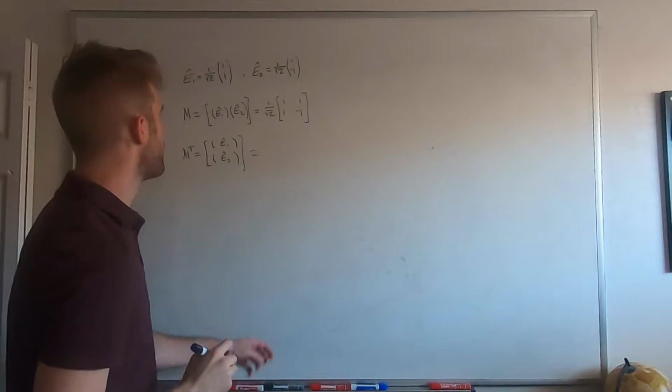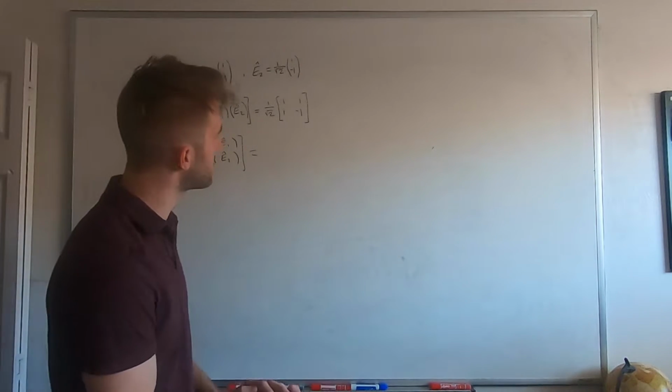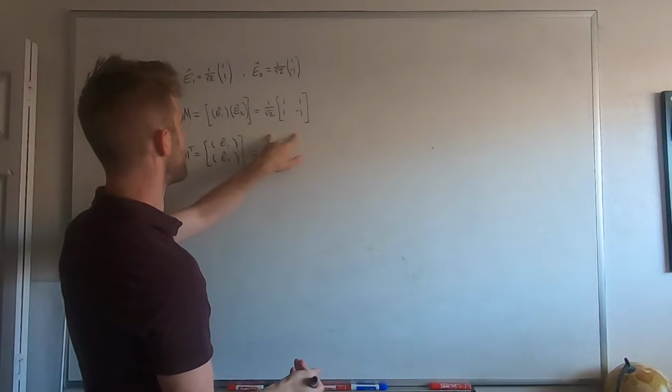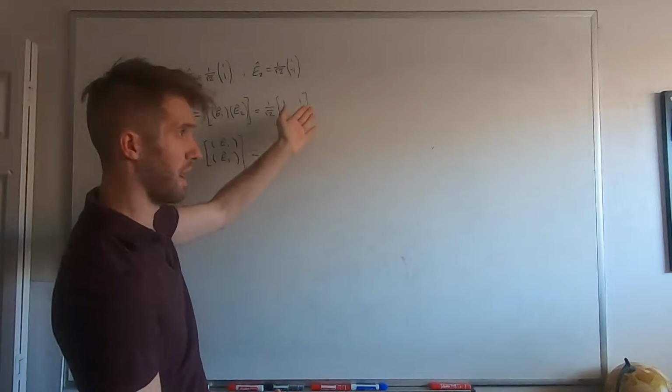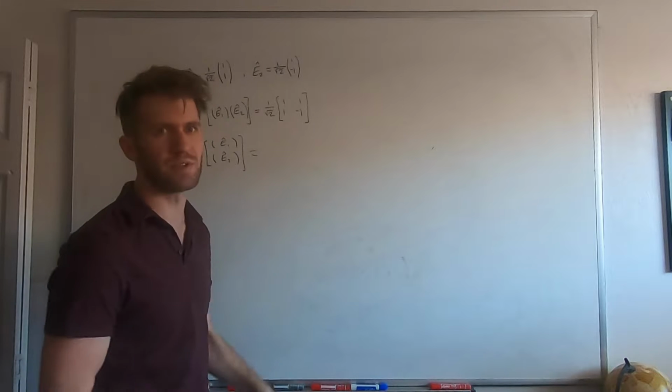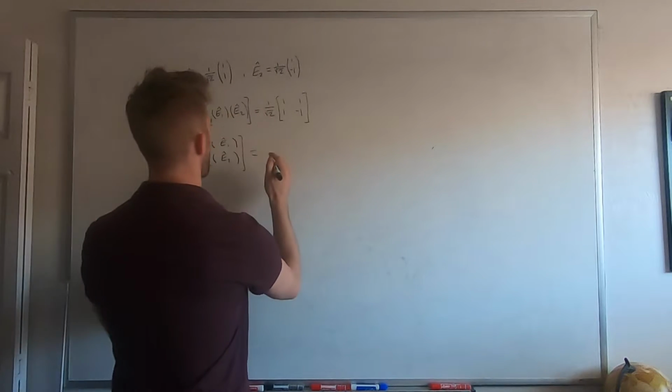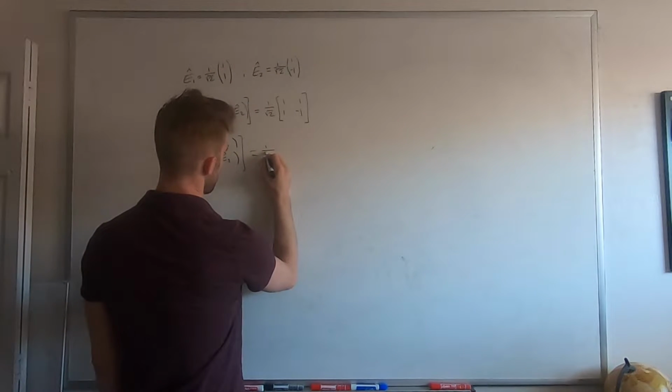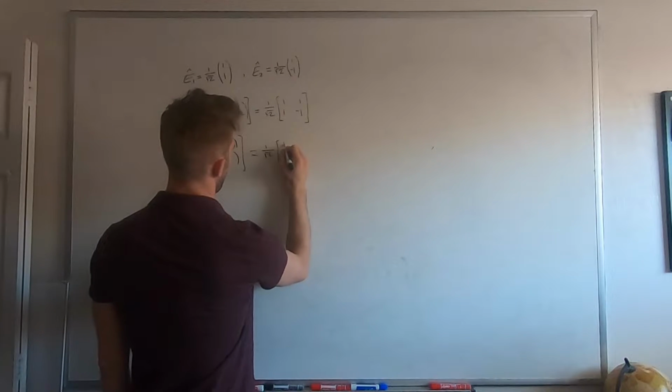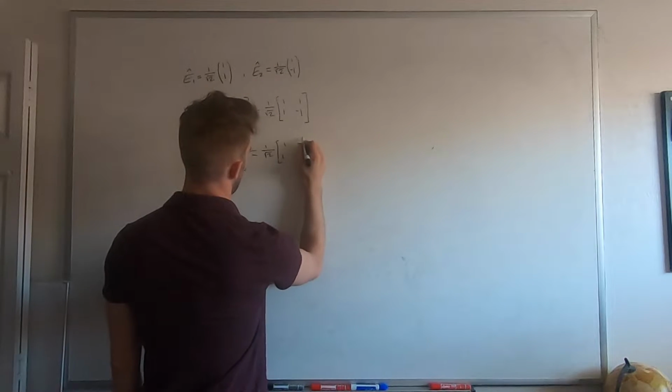Fortunately for us, we have a symmetric matrix, meaning it is equivalent to what we have here. If you swap the columns and the rows, it gives you the same exact quantity. So we have 1 over the square root of 2, where we have 1, 1, 1, negative 1.